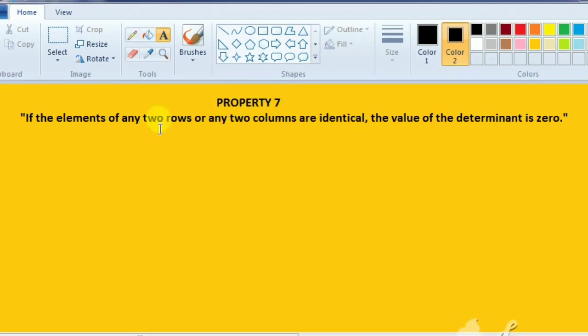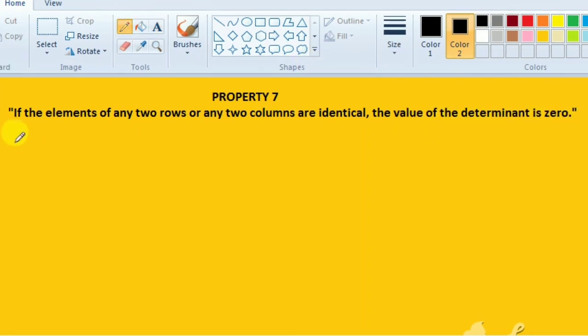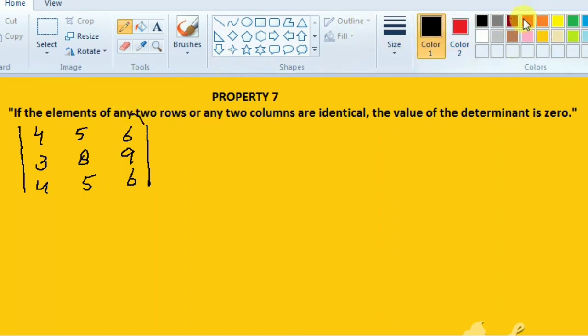So here we come to property 7, which states if the elements of any two rows or any two columns are identical, the value of the determinant is 0. So let the determinant is 4, 5, 6, 3, 8, 9, 4, 5, 6. So here we observe that row 1 and row 3 are identical, 4, 5, 6, 4, 5, 6.